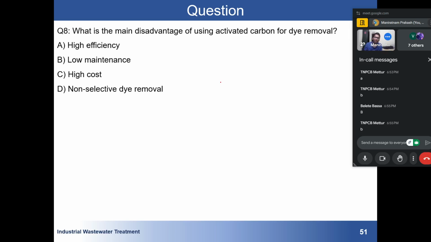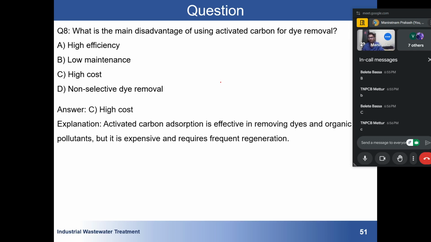What is the main disadvantage of using activated carbon for dye removal? C, high cost. Yes, activated carbon is effective in removing dye and organic pollutants through adsorption, but it is expensive and requires frequent regeneration.